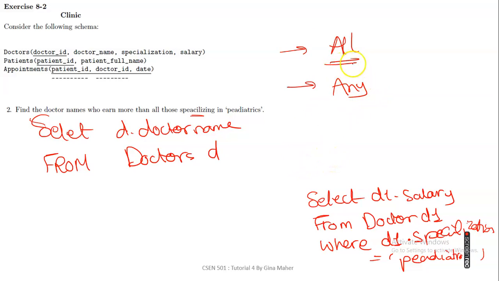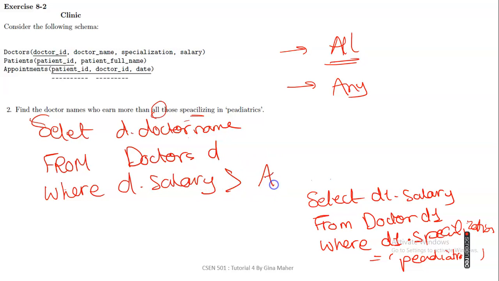We use all when we want this output to be greater than each and every row in this query, and we use any when we want this output to be greater than at least one or more, any one of them, but not necessarily all of them. In this case here we want to get the doctor with salary greater than all. So we are going to write where D.salary greater than all of this query.